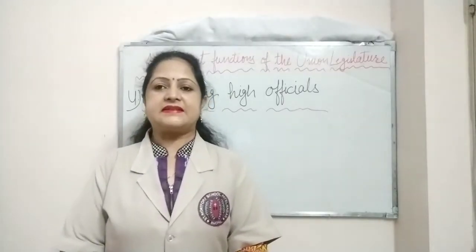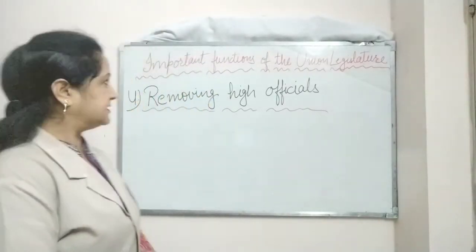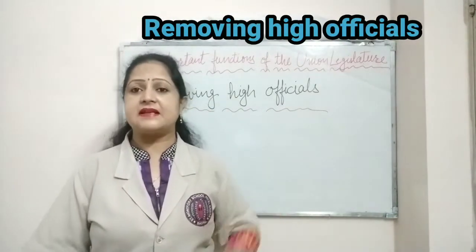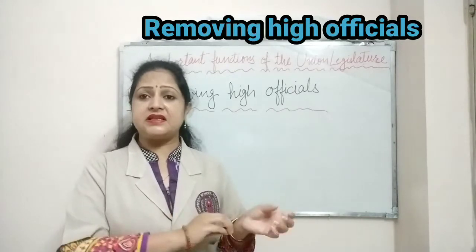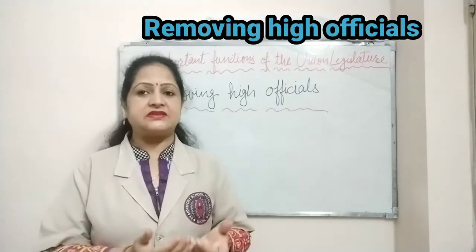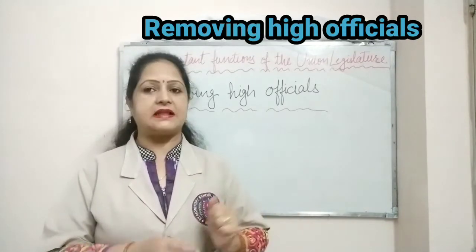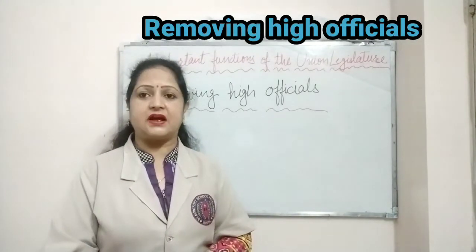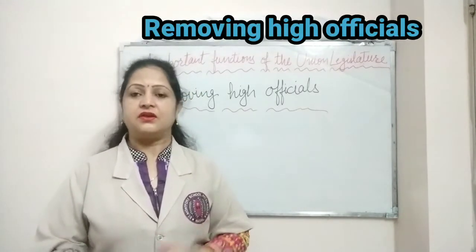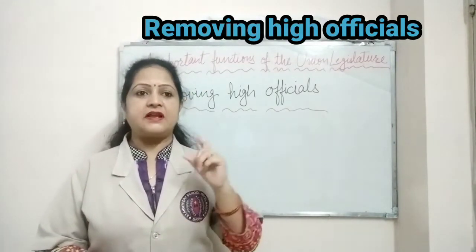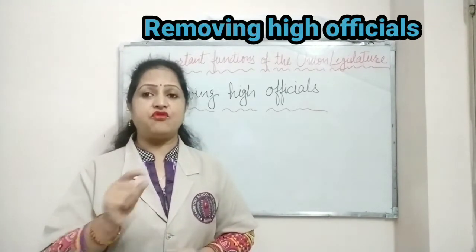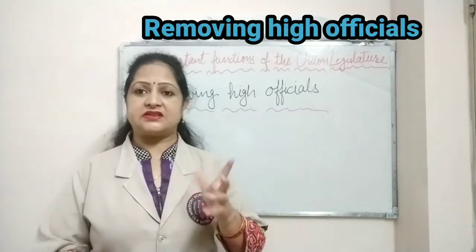The next important function is removing high officials. The Parliament has the power to impeach the President, the Vice President and the judges of the Supreme Court and the High Courts of India on charges of violation of the Constitution. For that purpose, one-fourth of the members of either house of the Parliament can move an impeachment resolution.